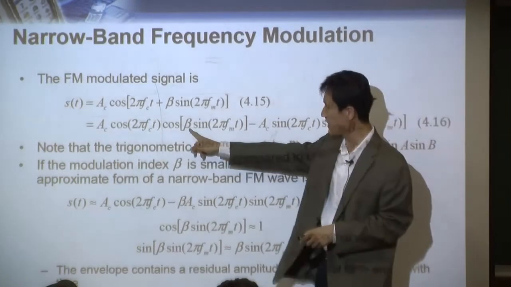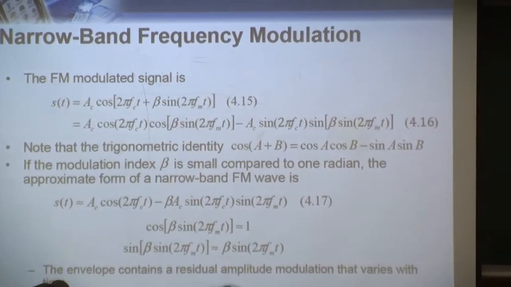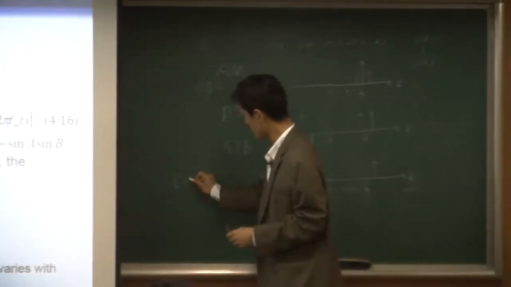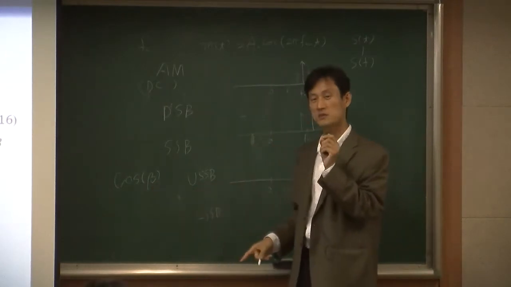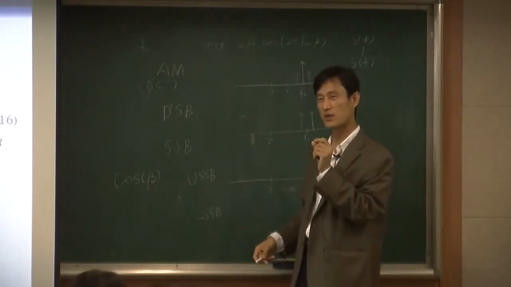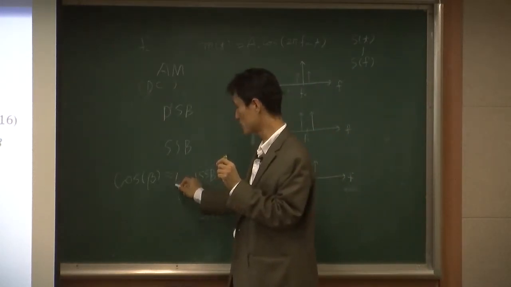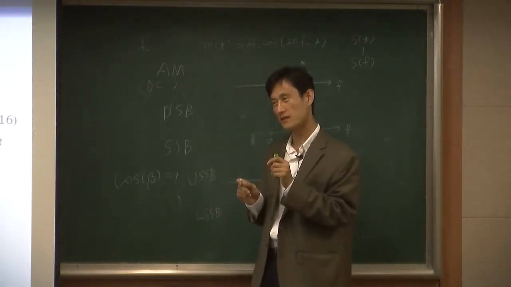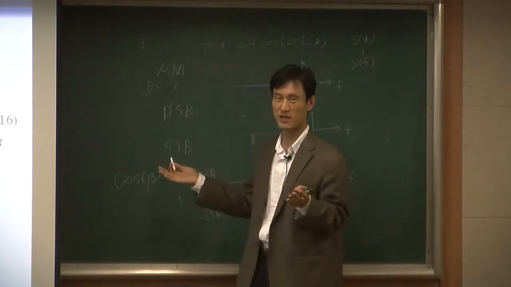And then if the beta is small, what we can assume is, let's say cosine beta. If the beta is very small, like 0.001, something like that, then we can always assume this one equals 1. Cosine of some small value becomes 1. We can simply approximate.